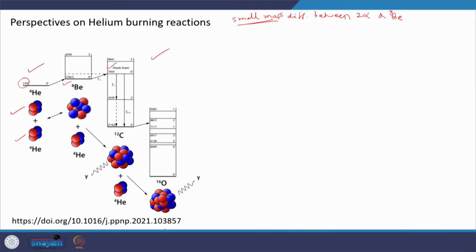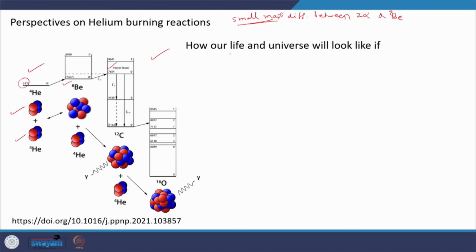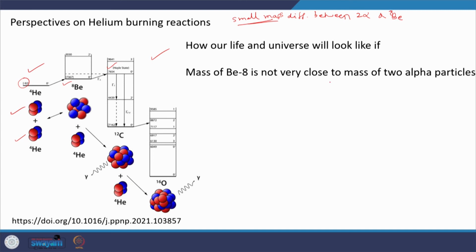Even if we see deviation from any of these two, it is very difficult to continue the synthesis of elements. Not only that, you can imagine how our life and universe will look like if the mass of beryllium 8 is not very close to the mass of 2 alpha particles, and then enhancing the resonant state in carbon 12, because of which carbon 12 is formed.